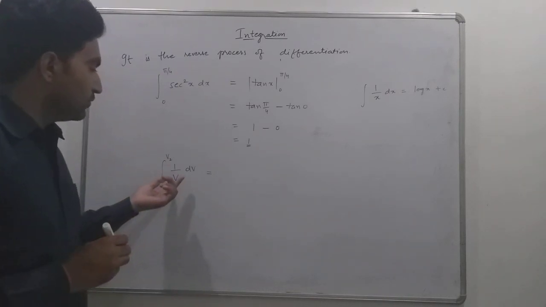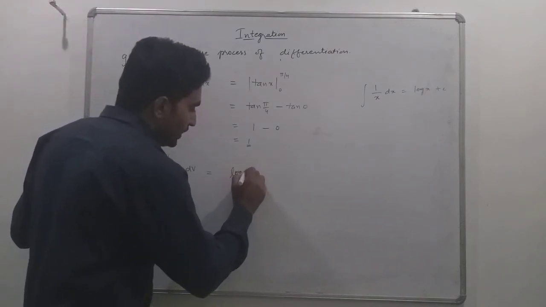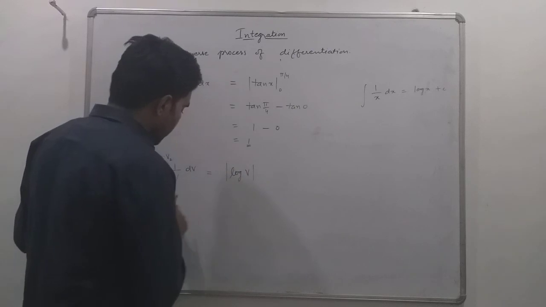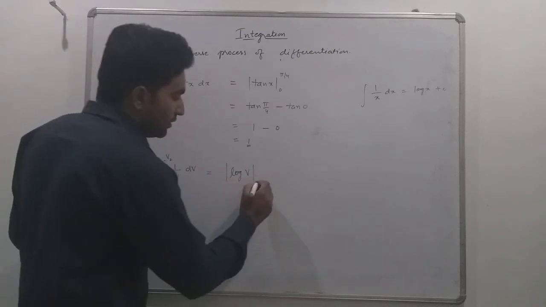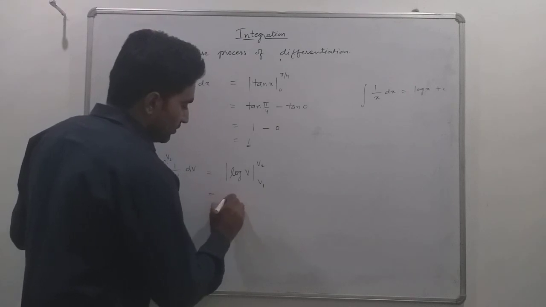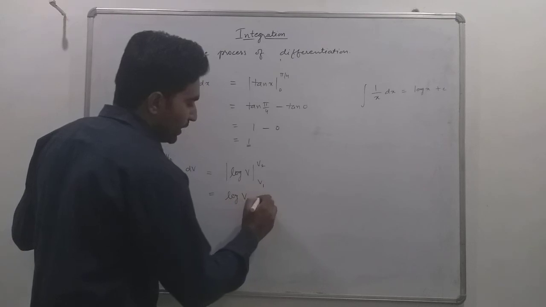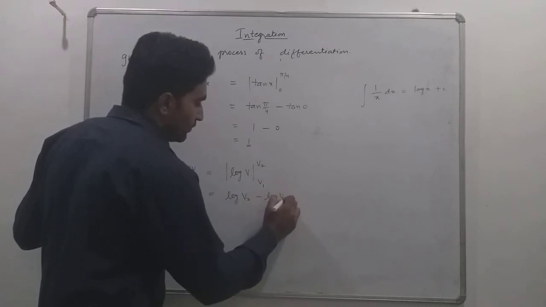So the integration of 1 by v dv will be log of v, and the limits are from v1 to v2. Put the limits one by one. Firstly, we put the upper limit: log of v2 minus log of v1.